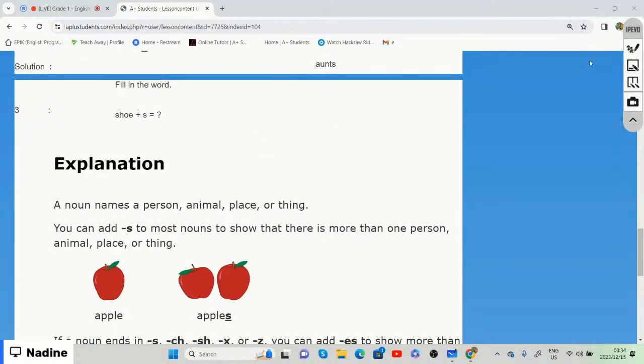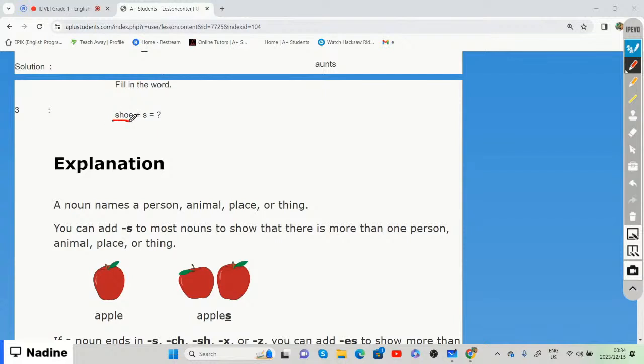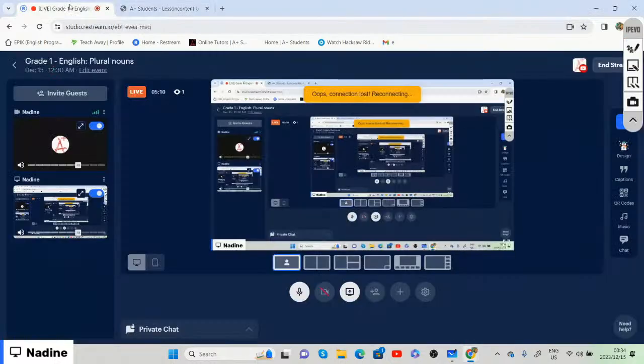And then we have shoe, right? So 1 shoe. So shoe plus S. So what is shoe plus S?